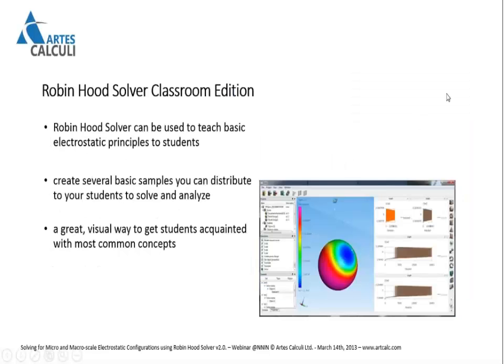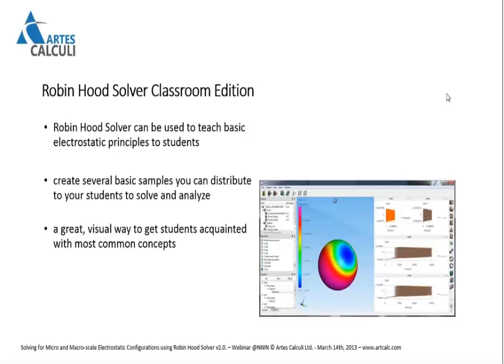In addition to use in commercial and research institutions, Robin Hood solver can also be used in universities to teach basic electrostatic principles to your students. You can use Robin Hood solver to create several basic samples and to distribute them to your students to solve and analyze. This image here shows a basic example of a sphere and a point charge and the visualized charge distribution.